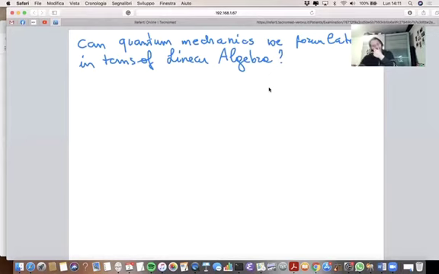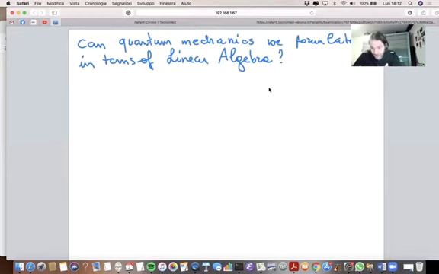That's the question we would like to address. So forget about operators and functions. Can we reformulate everything in terms of matrices and vectors? Because if we could do that, then things would be so much easier.